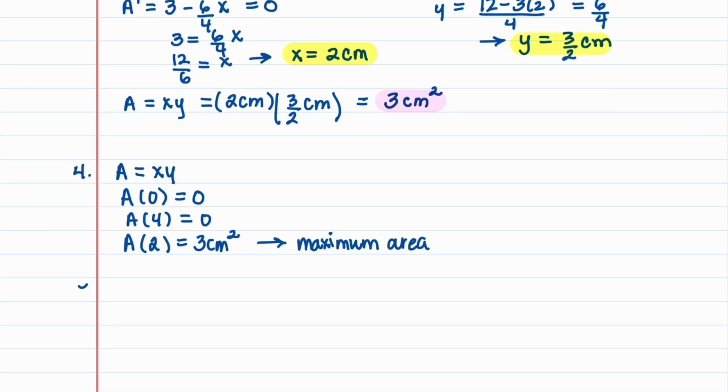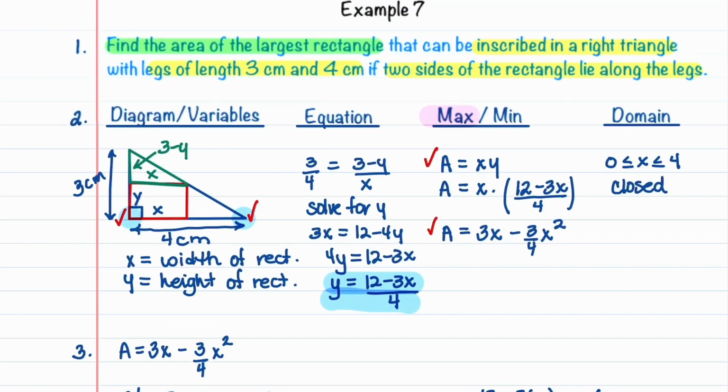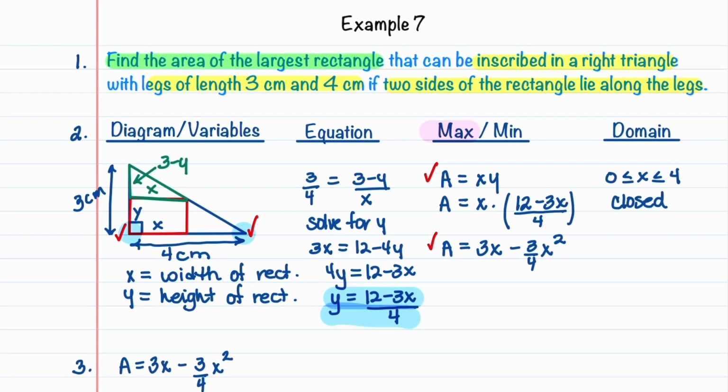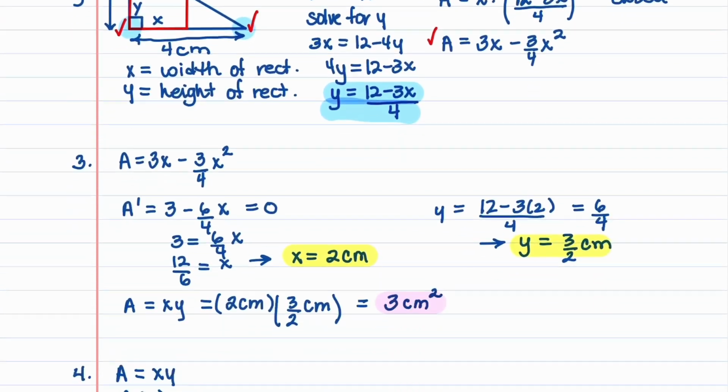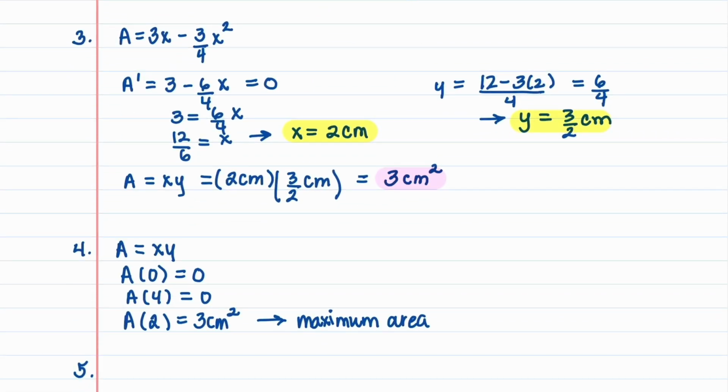Now we're almost done. Our last step is to reread our problem and clearly state our final answer in a complete sentence. Let's go back up to our problem. We want to find the area of the largest rectangle. So we have to state what the area is.